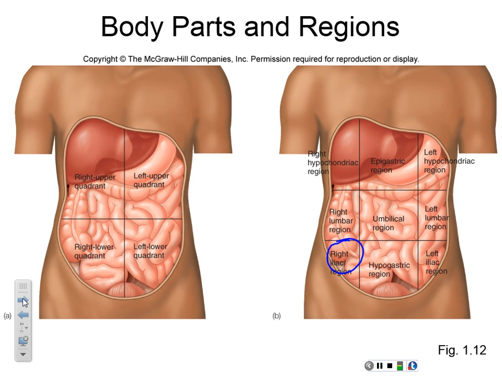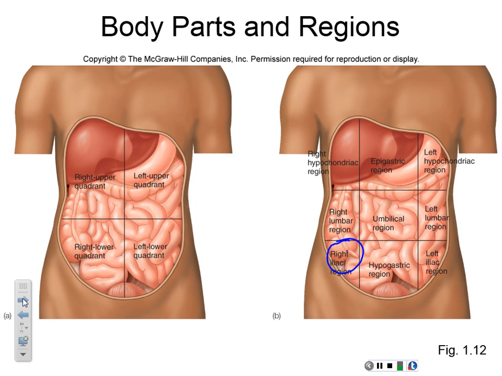Iliac coming from the ilium, the bone of the pelvic girdle. It's the bone that surrounds your reproductive organs. It's the ilium and the ischium and the pubis. If you feel your sides, you can feel your ilium.